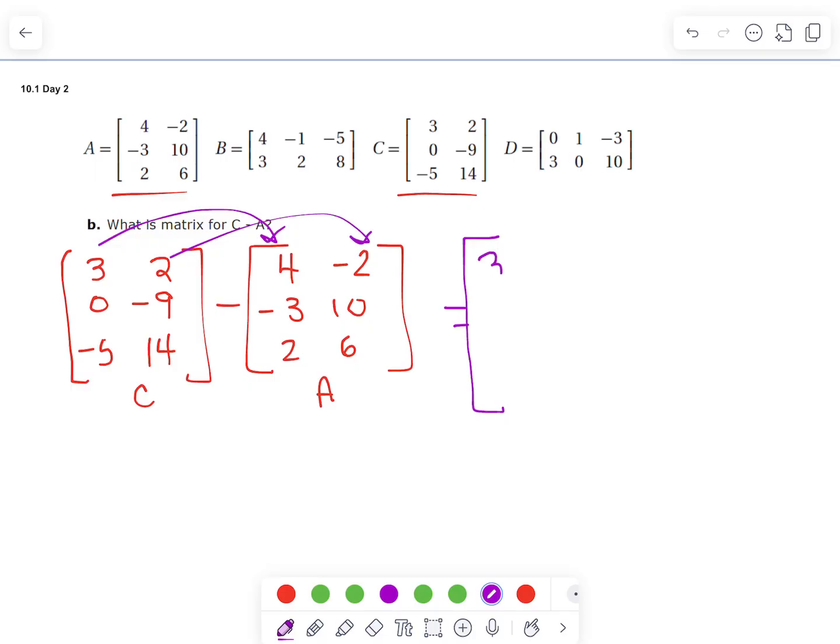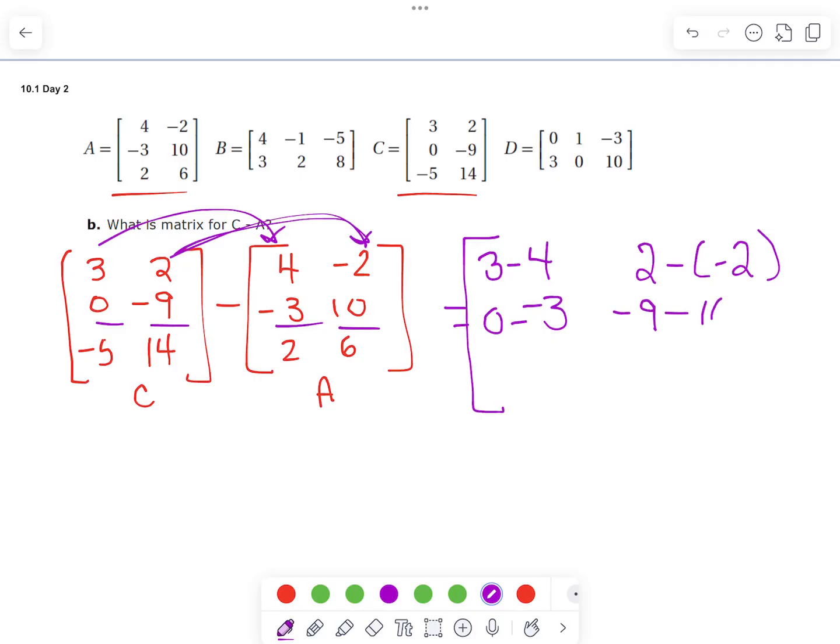So it's going to be 3 minus 4, 2 minus -2, 0 minus -3, -9 minus 10, that's a -5 minus 2, and then 14 minus 6.